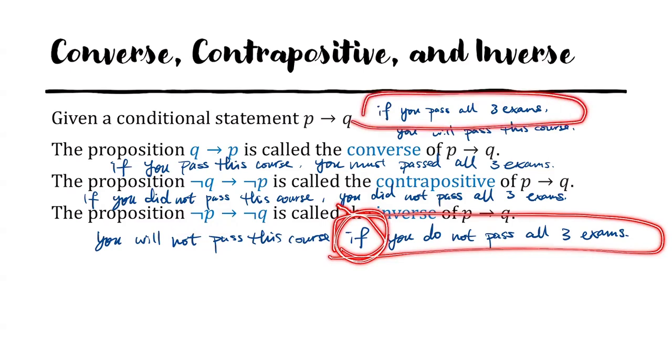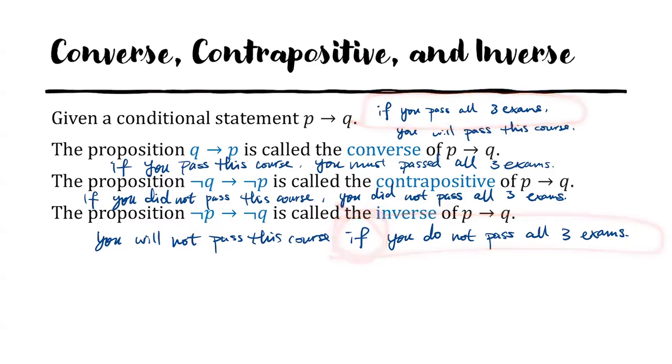Right, so wherever the hypothesis is associated with the if, that's your P. It's not the position of where you translate it. Because P means the hypothesis or the condition, and Q is the conclusion, right? And then you negate the conclusion, not Q. So you will pass this course becomes you will not pass this course.